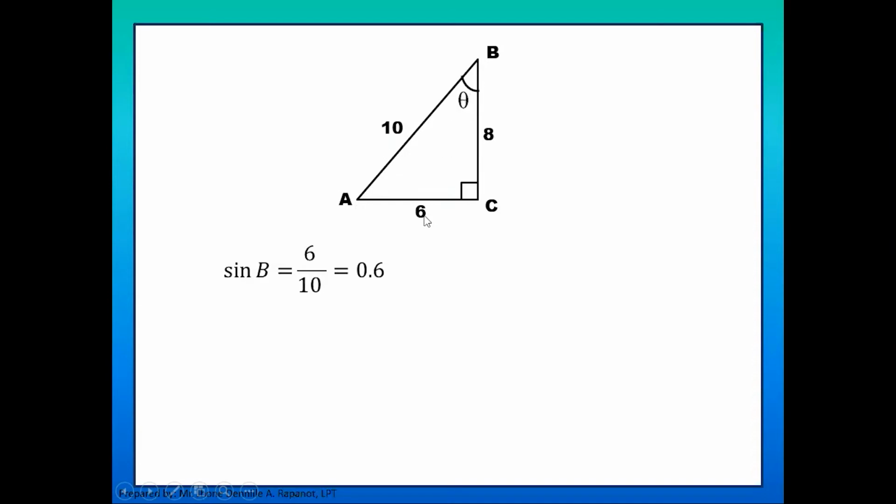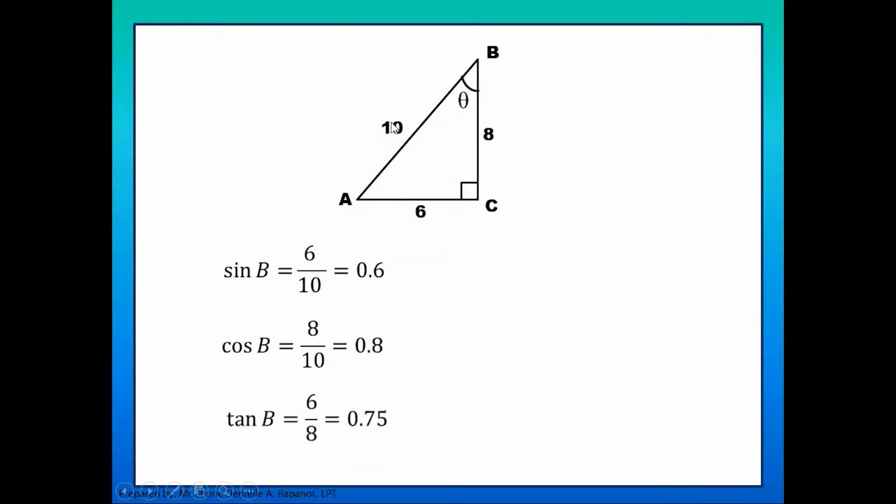That's the reason why we have 6 divided by 10. Our answer is 0.6. Now for cosine theta, that is 8 over 10. The answer is 0.8. That is simply because in relation to the position of angle theta, it is adjacent over hypotenuse.